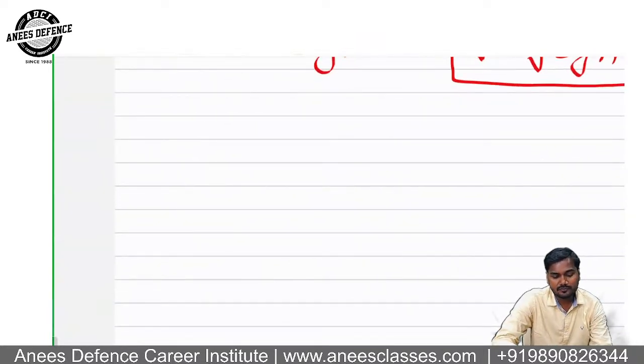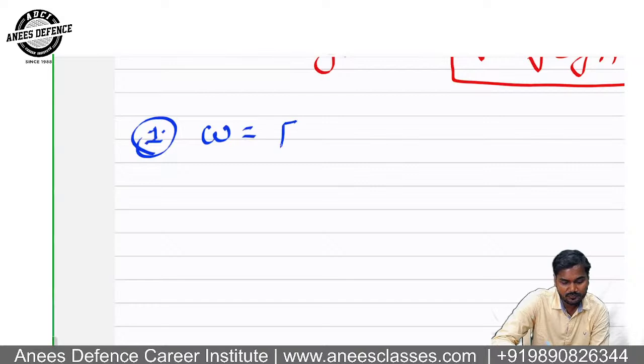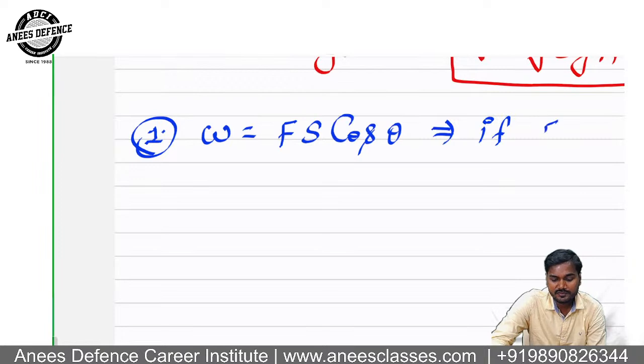Next, there are two methods to calculate work done. First one, work is equal to F s cos theta. This formula is applicable if force is constant.